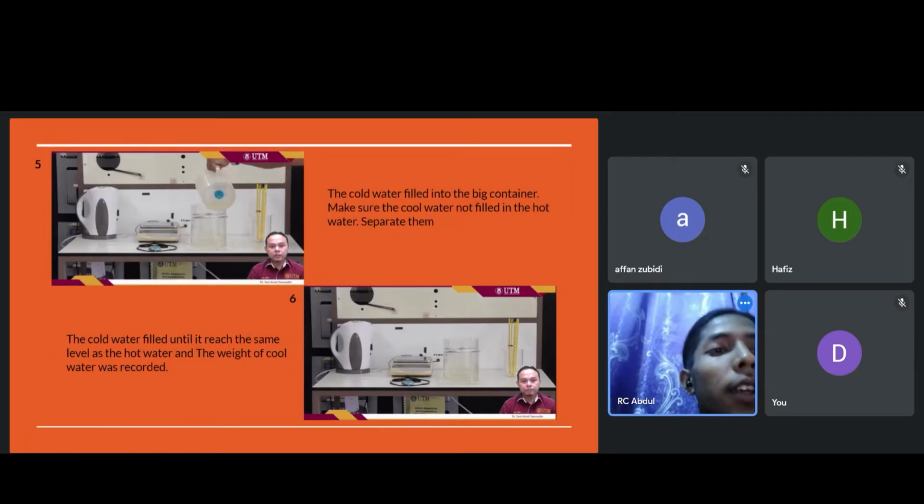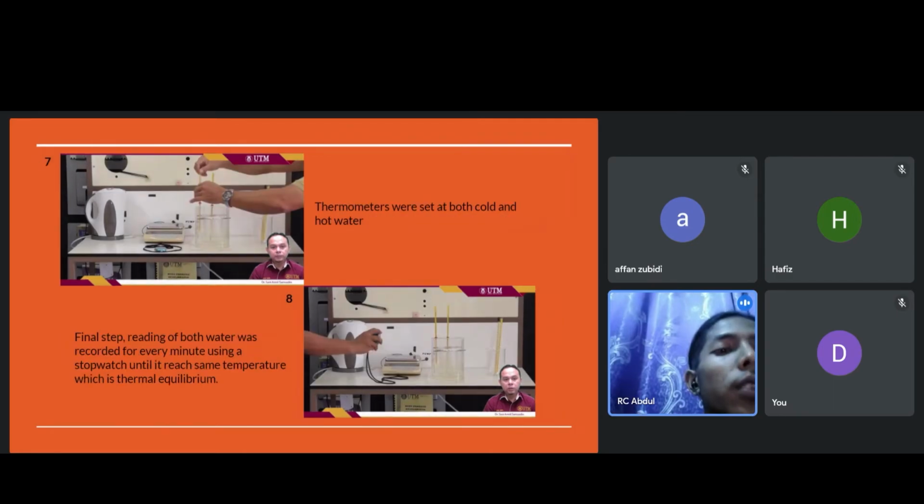Then the cool water was filled into the big container. Make sure the cool water is not filled into the hot water. Separate them because it will disturb the temperature. The cool water was filled until it reached the same level as the hot water, and the weight of the cool water was recorded.